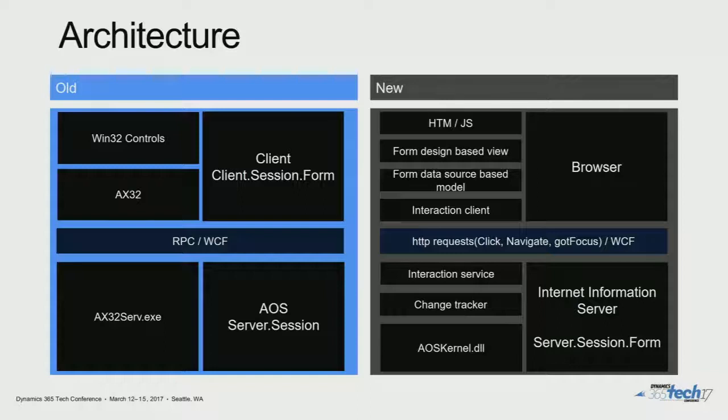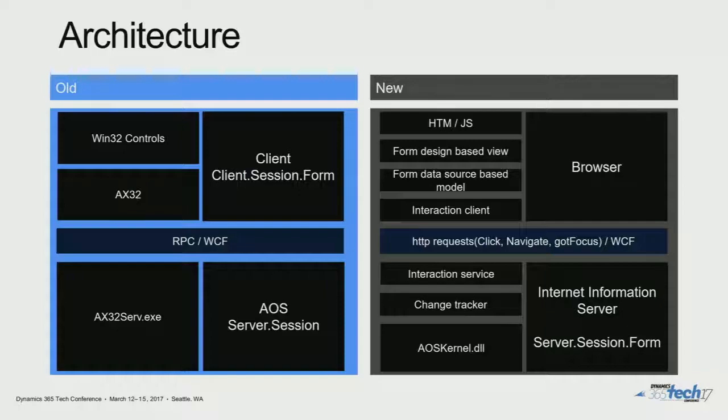So why that might be important is it just highlights the fact that the AOS is doing more work nowadays. It needs to host the form state. It needs to host the object state. All the client is doing is communicating and transferring that state. But at the end of the day, the whole hosting of that state, managing of that state happens on the server.